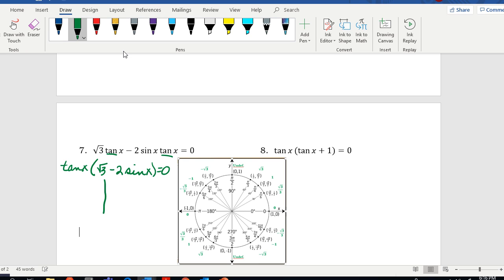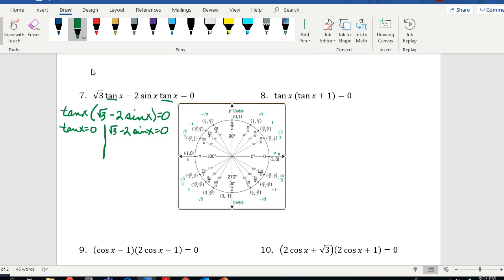Now, I've got to set each part equal to 0. So tangent x equals 0. And I'm going to move it. Well, let me take my time. 2 sine x equals 0. Not wanting to get in a rush here.